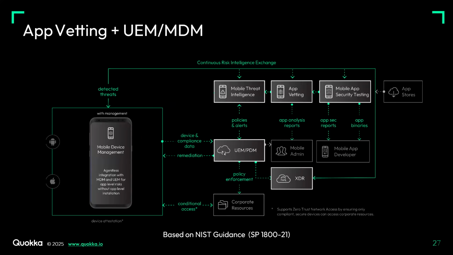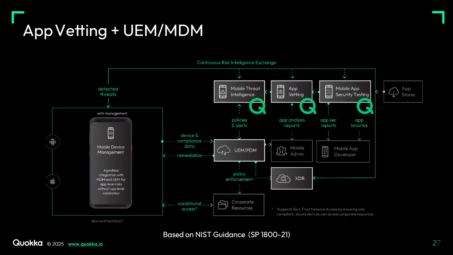And on the bottom right are all the different things that are already in most enterprises where there's some kind of system that rolls out the devices, that provisions them, that provides control, that determines which apps are allowed or not allowed to be installed. And so if you use one of those systems, it becomes very simple to add the bit at the top, the mobile threat intelligence, the application vetting, the security testing.